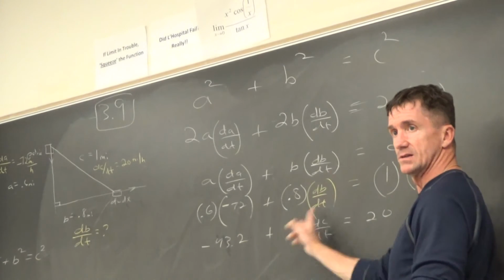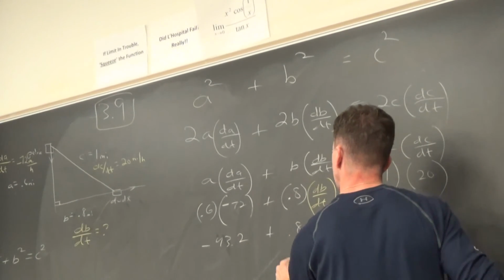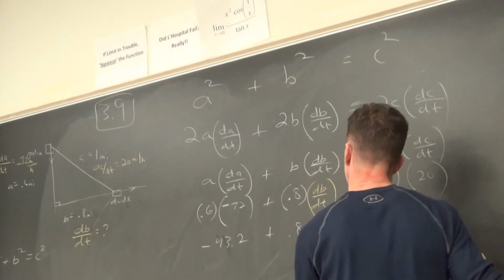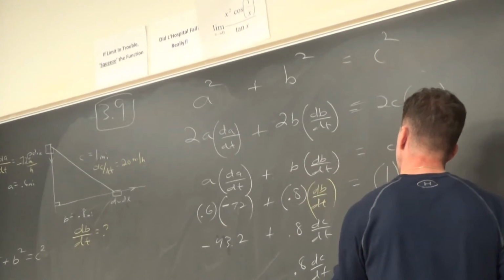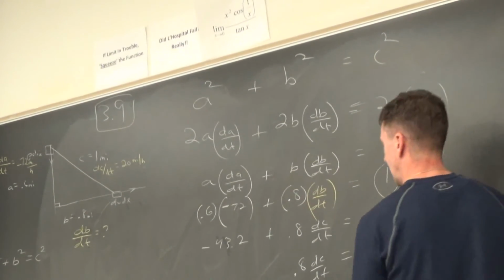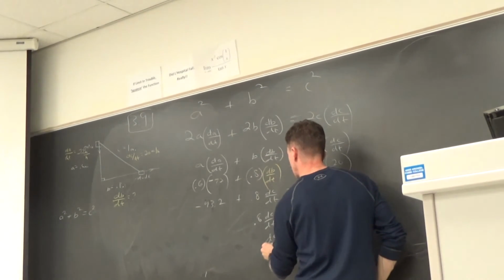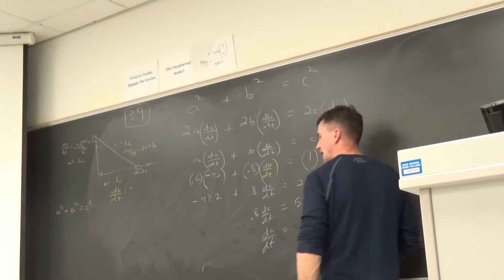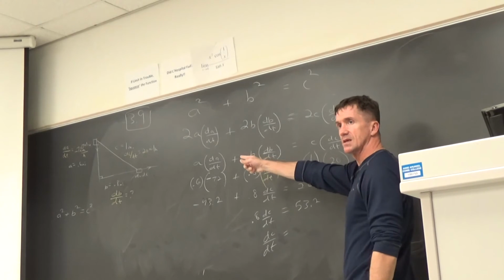Let's add that on both sides. You get 0.8 dB/dt equals 63.2. And last step, what do we do? Divide by 0.8. Our answer's going to be positive. I hope that makes sense to you.